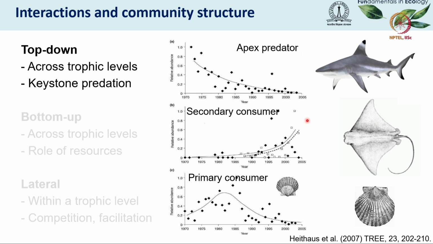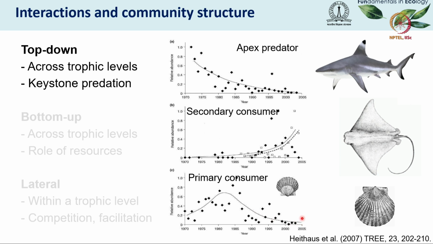Here, the cow-nose ray populations were not really being influenced by what they were eating, the primary consumer, but by the fact that they were being eaten by an apex predator. And as cow-nose ray populations increased, the population of the primary consumer, this mussel, decreased in response.